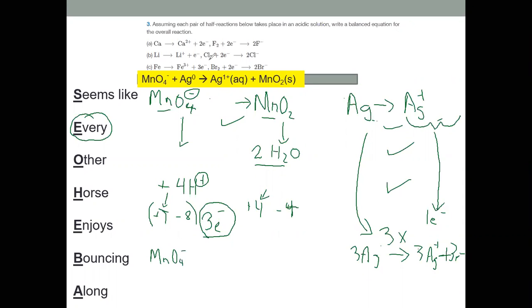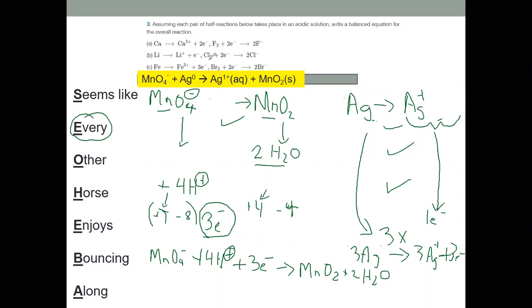MnO4- plus 4 hydrogens plus 3 electrons is going to MnO2 plus 2H2O. Okay.